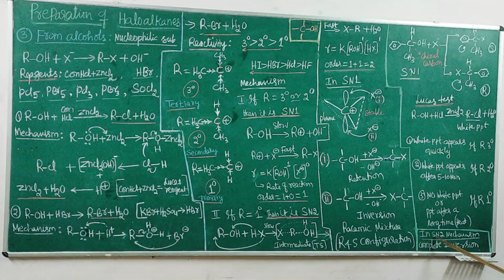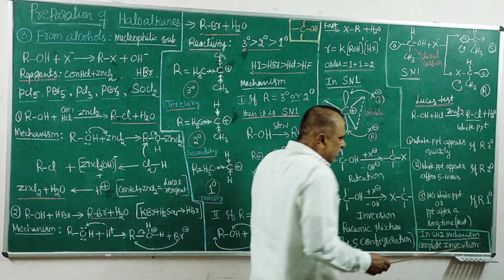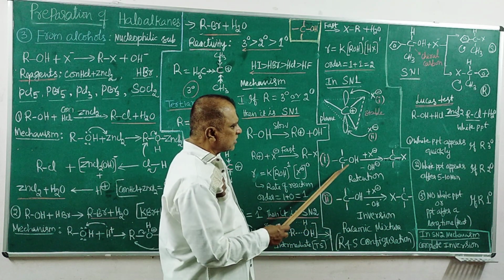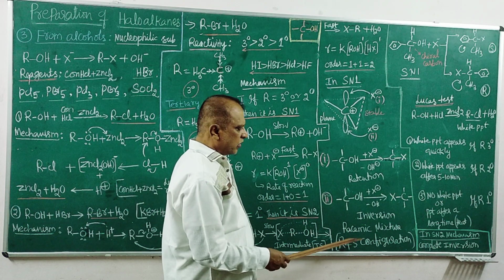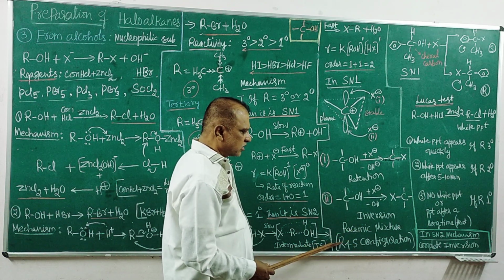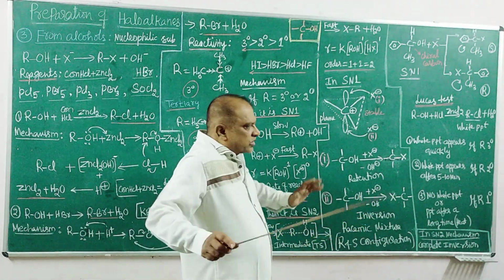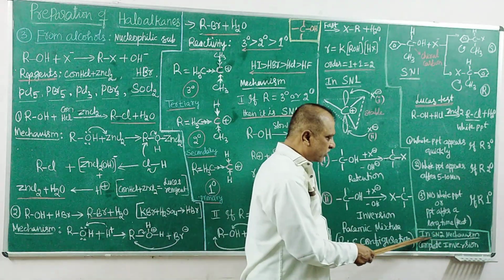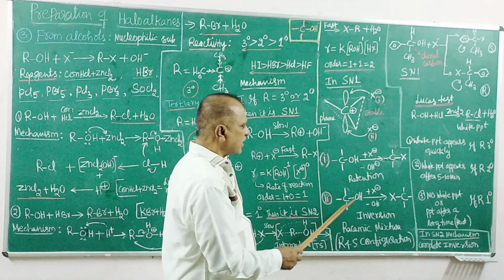If the reactant is R, the product is S configuration. If the reactant, that is the alcohol, is S configuration, the halide is R configuration. There is 100% inversion in the case of the SN2 mechanism. That is the difference between SN1 and SN2 mechanisms. In the case of SN1, we see a racemic mixture.